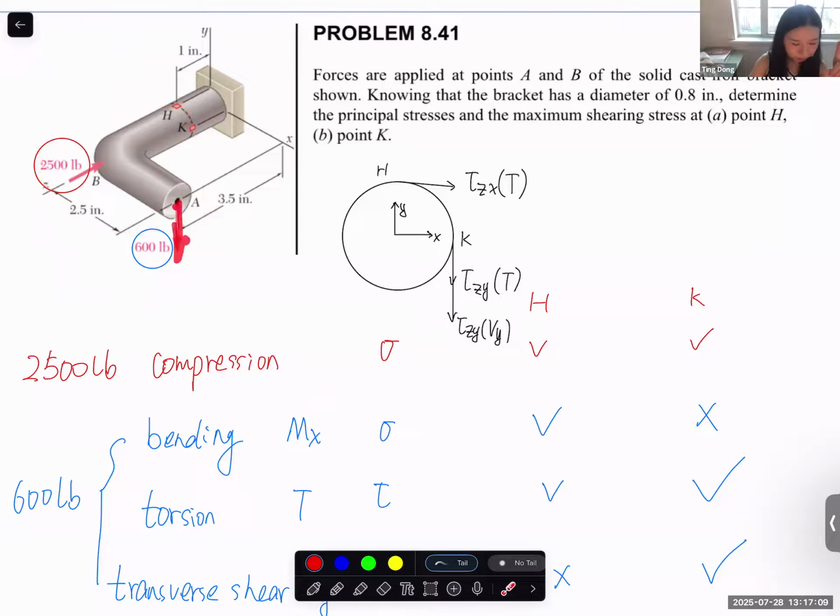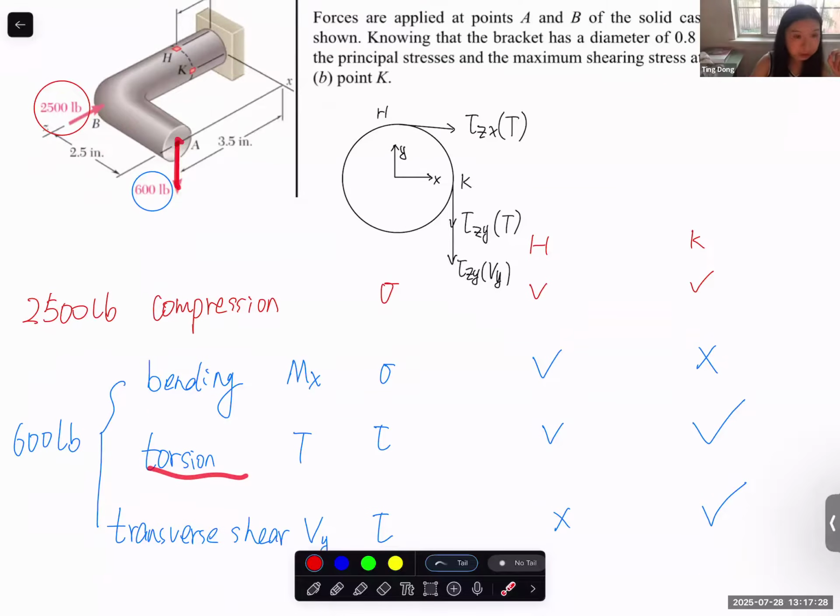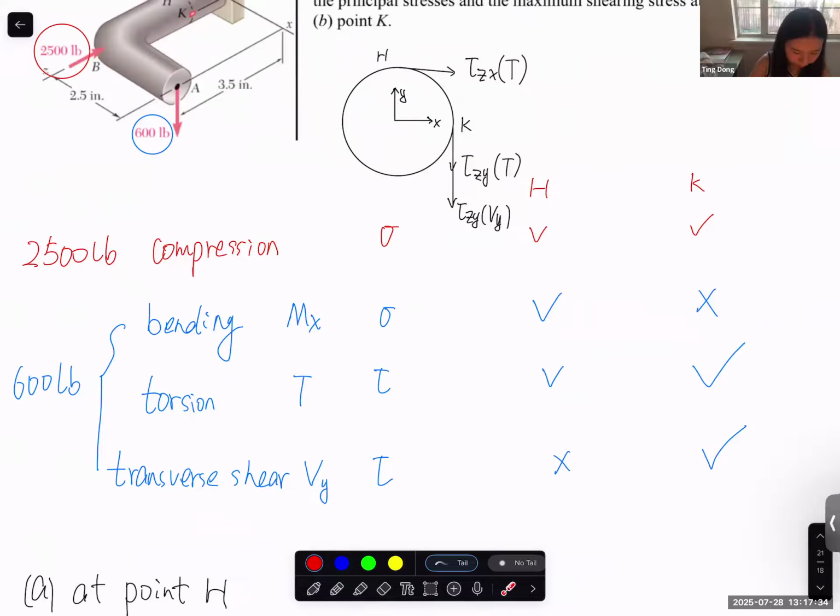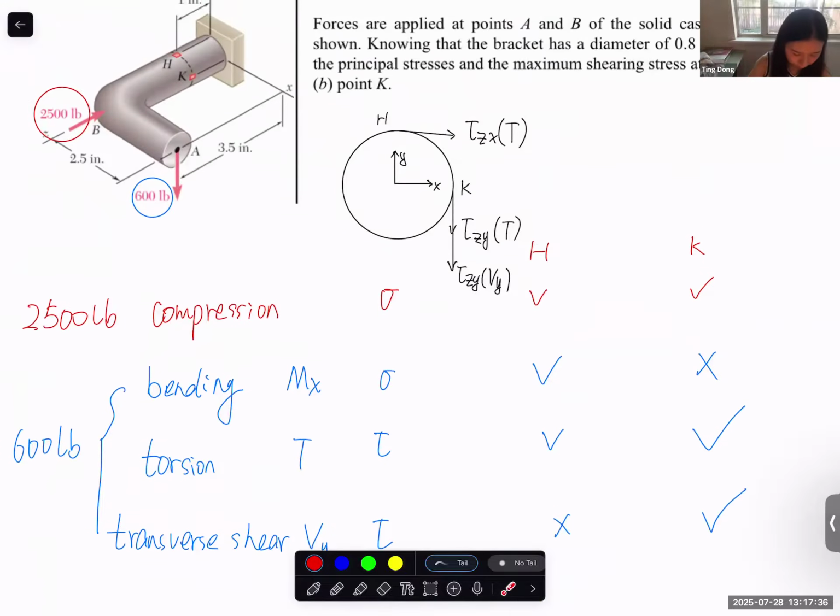When you apply a force here, if this structure is not that rigid, it will generate rotation about the z-axis. So this is the torsion here, and of course this has transverse shear because it is in the y direction. So let's do it separately, starting with the bending.